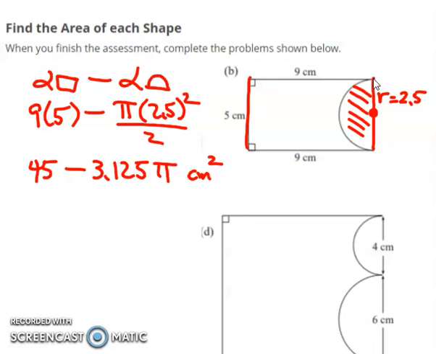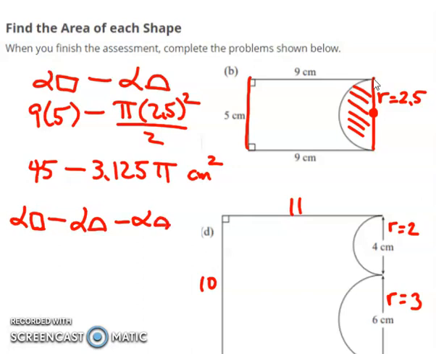And then the last problem, we also have another rectangle. It's an 11 by 10 rectangle. And we are taking away 2 half circles. So the radius of the smaller one is 2, and the radius of the bigger half circle is 3. So we're going to do the area of a rectangle, subtract away the area of a half circle and also a second half circle.